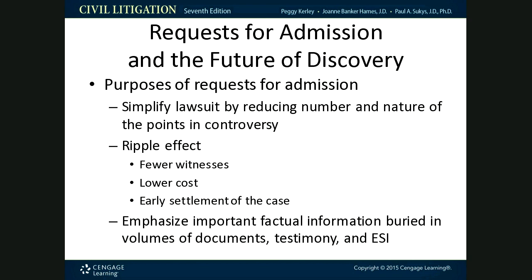So as far as simplifying lawsuits and reducing the points in controversy, practically speaking, it doesn't. However, there are situations when admissions are very, very good, and you can get parties to say things that they might not ordinarily admit to, and it depends on how you present that kind of an argument.